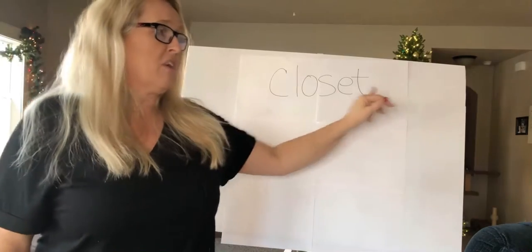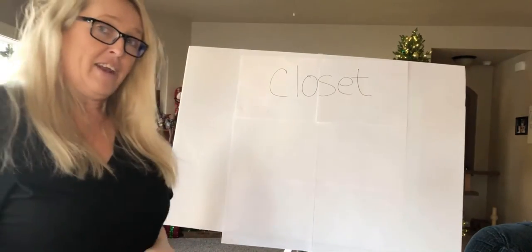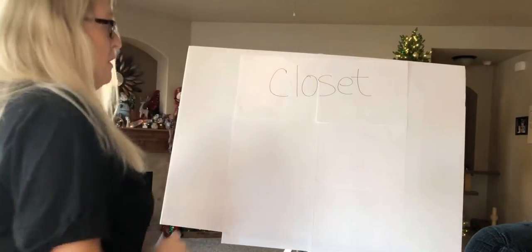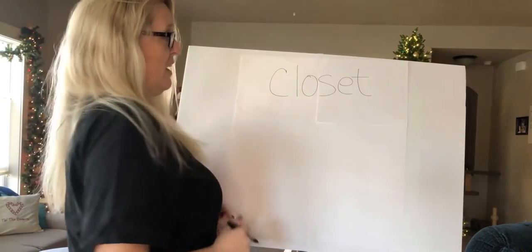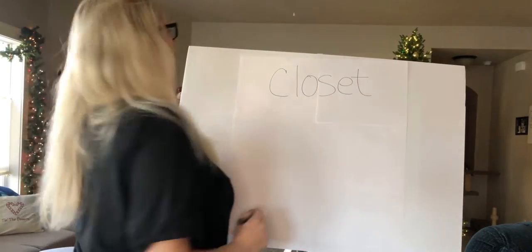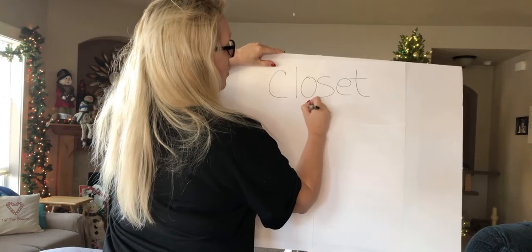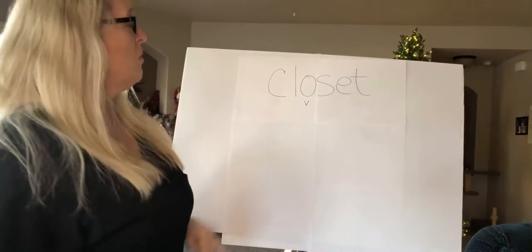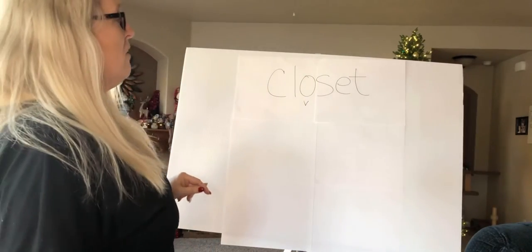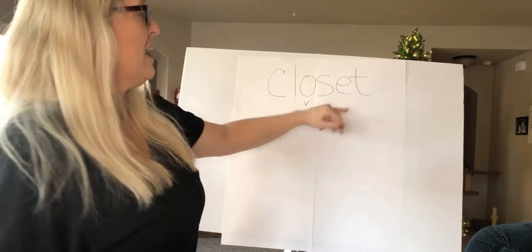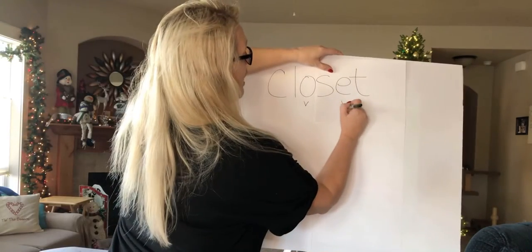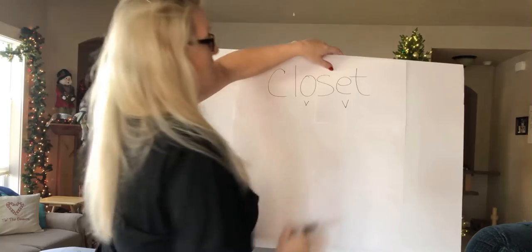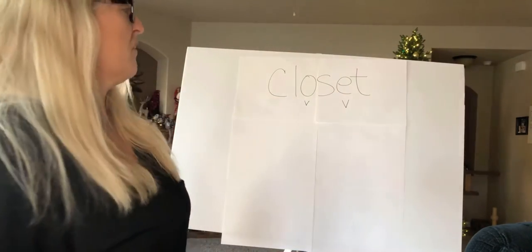So I have the word closet. Now let's go ahead and identify our vowels. Our first vowel is the O, so we're going to put a V under the O. Now our next vowel in this word is the letter E, so we're going to put another V, for vowel, under there.